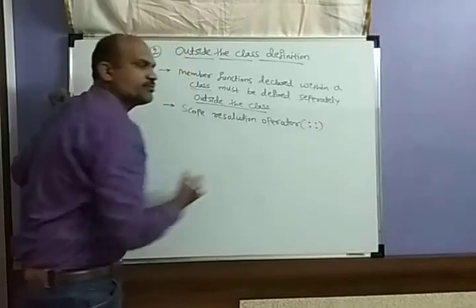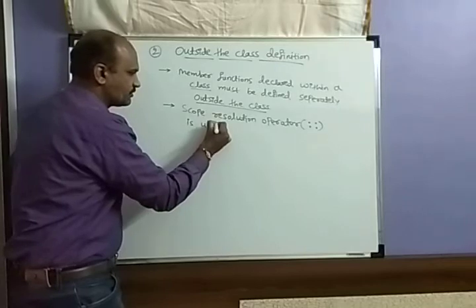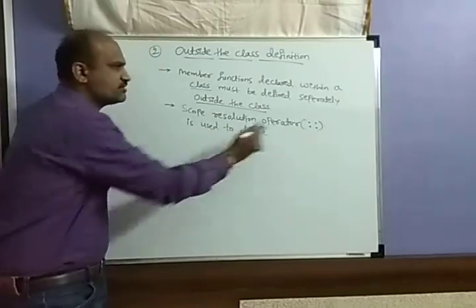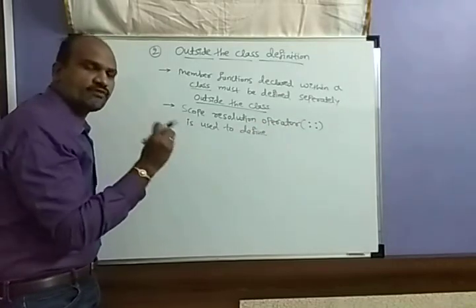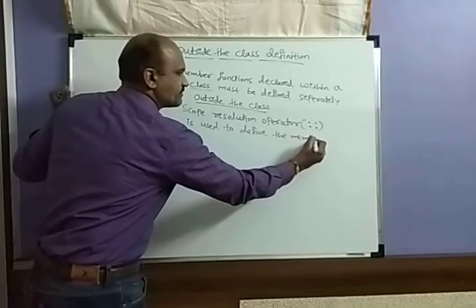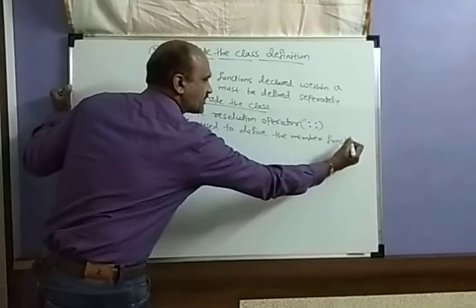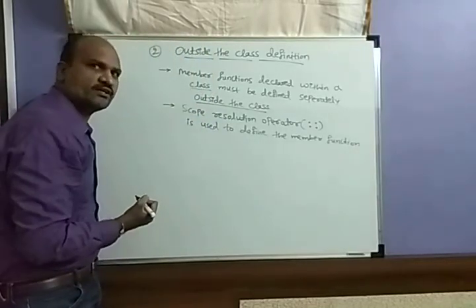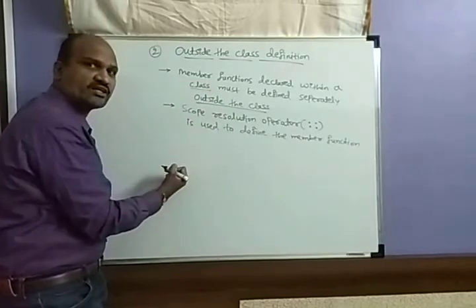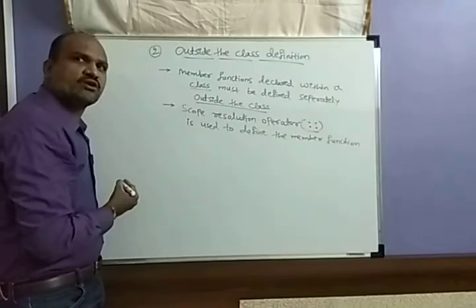This scope resolution operator is used to define your member functions. Then only you can access it outside the class. Whatever you define in the public section of the class, when you want to access it outside the class, you have to use the scope resolution operator.